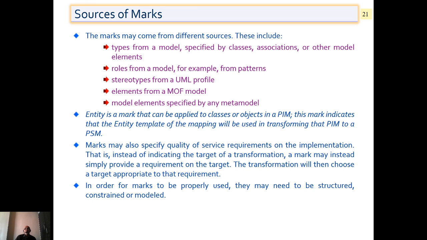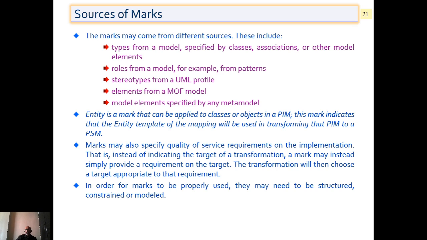So, sources of marks: where can these marks come from? They come from the classes, associations, or other elements. They could represent the roles from the models, right? Stereotypes of the UML model, that is include, extend, data store, and so on. Elements from the MOF model: every classifier, that is class, use case, component, node, everything will come.